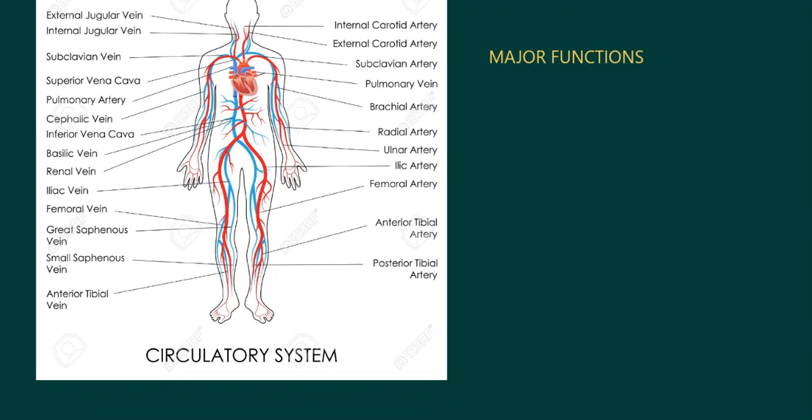Alright, so the first major function of the circulatory system is to carry nutrients needed by the body to the organ systems. So by organ systems, what I mean is the lungs.